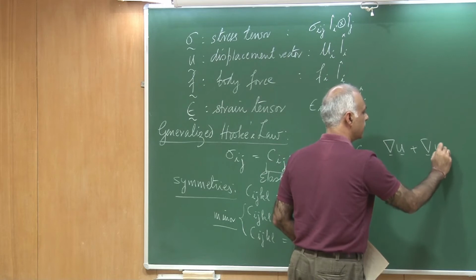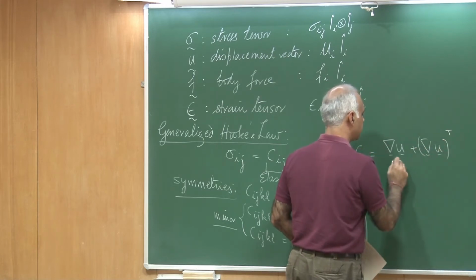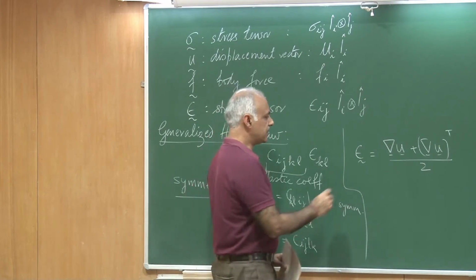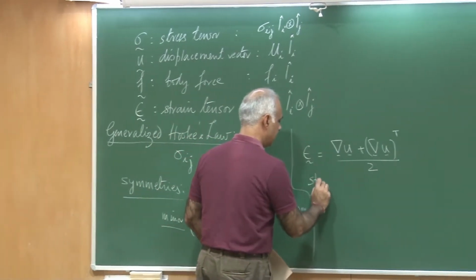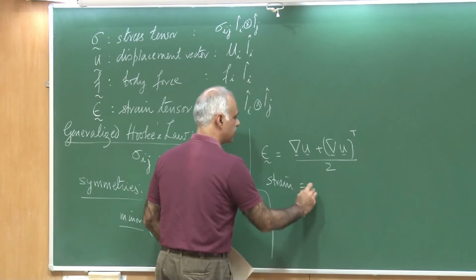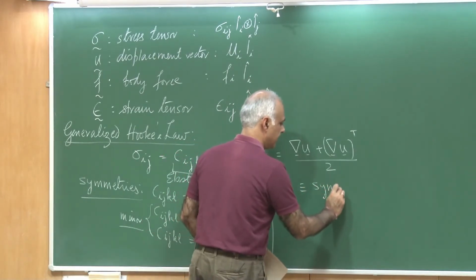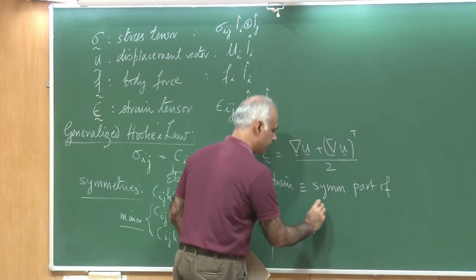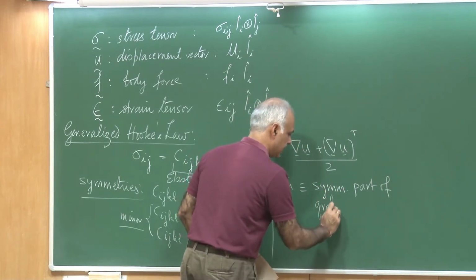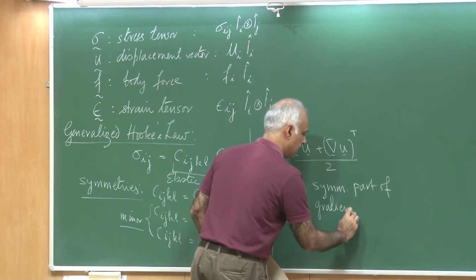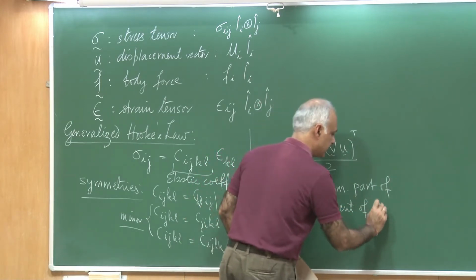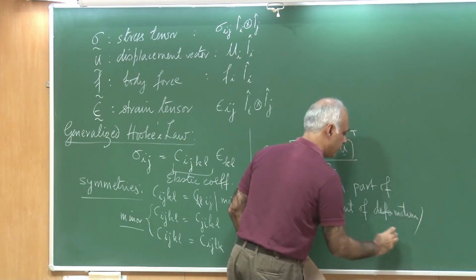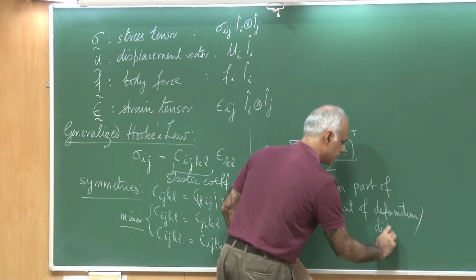So, I add to it its transpose and then divide it by 2. So, this is the strain corresponds to the symmetric part of gradient of deformation, or if you so like, the displacement.